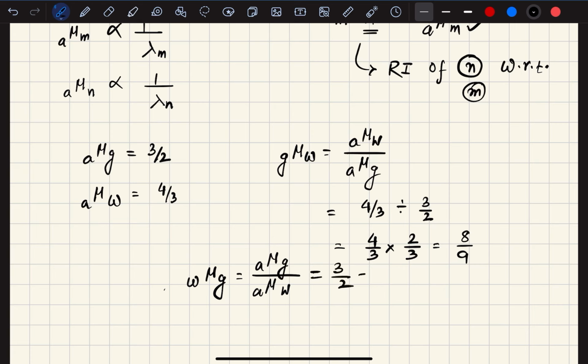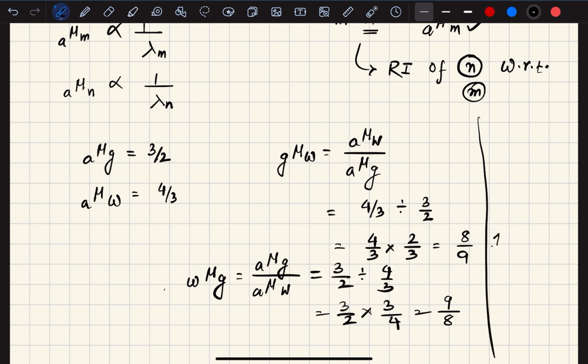So that will be 3 by 2 into 3 by 4. So that will be 9 by 8. So from here I can also say that 1μ2 is the reciprocal of 2μ1. Correct? Understood this thing? Did the light bulb go on in your mind?